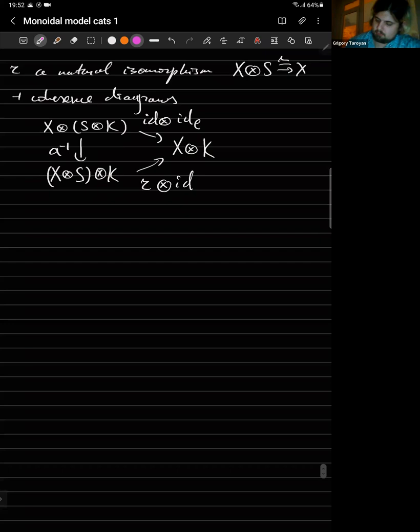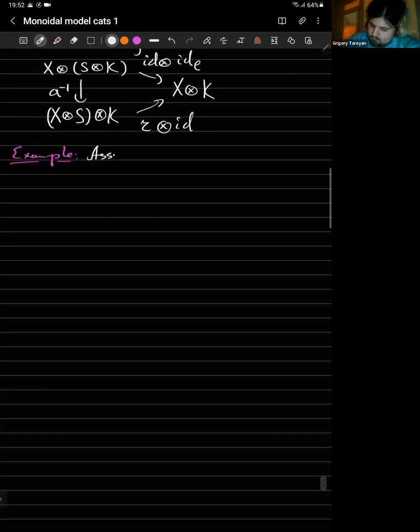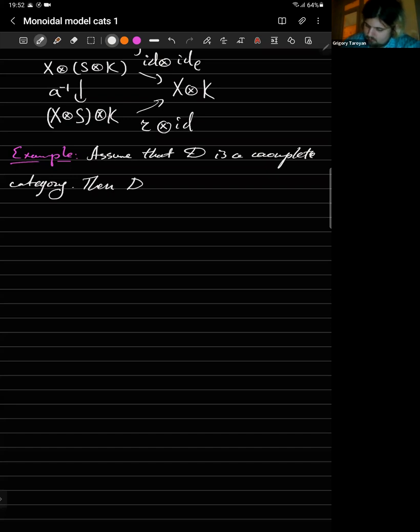So let me give you an example of a module structure. Assume that, well, basically any category C, or better D. Assume that D is a co-complete category. Then D has the structure of a set module.